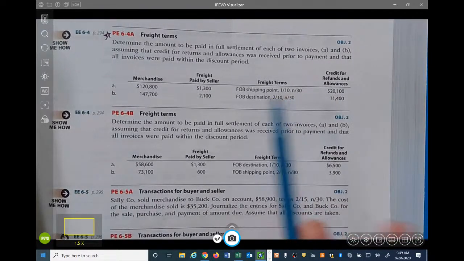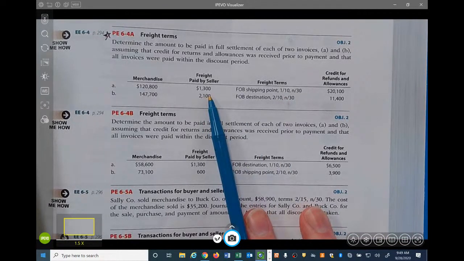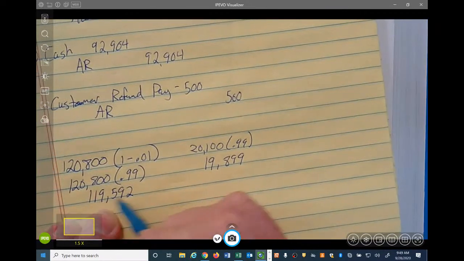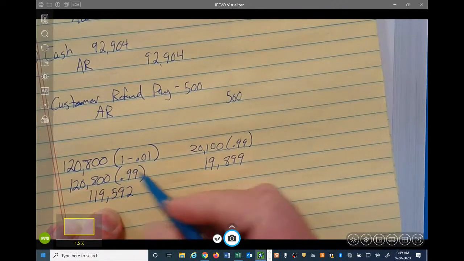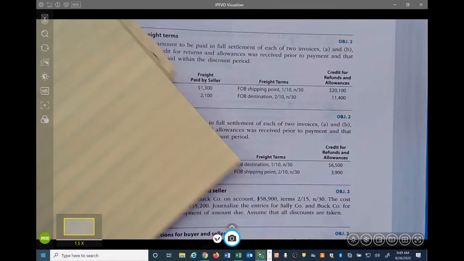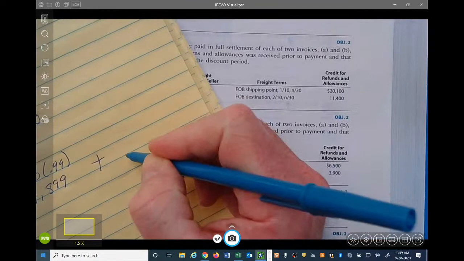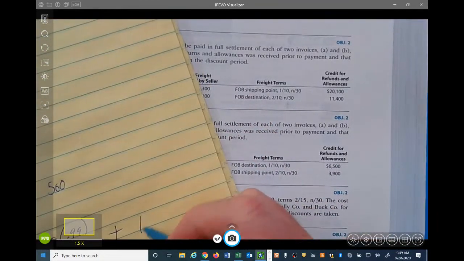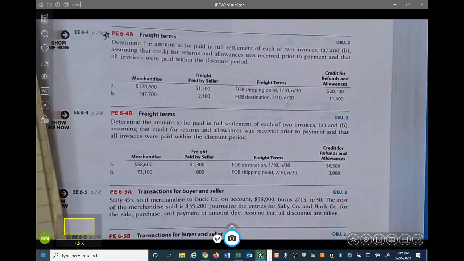And then we add the freight of 1,300 because it's shipping point. So it's going to be the amount paid less the discount, right? Minus the returns, the amount we've got here, plus the freight of your 1,300. Does that make sense to everybody?